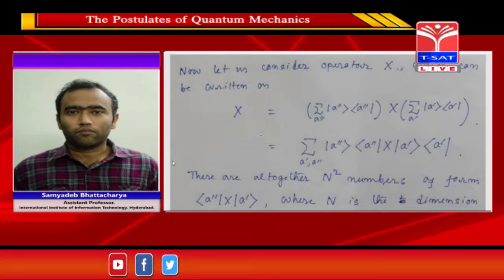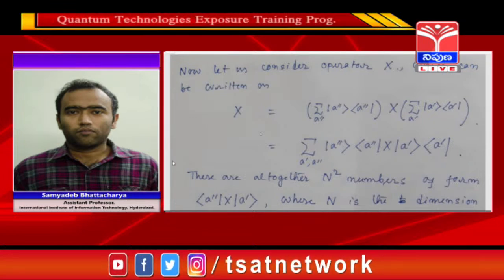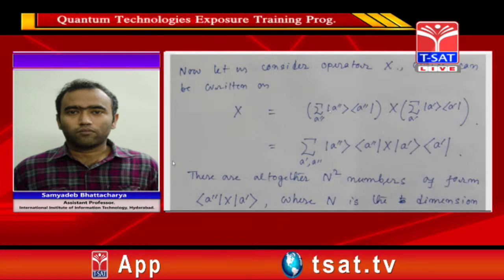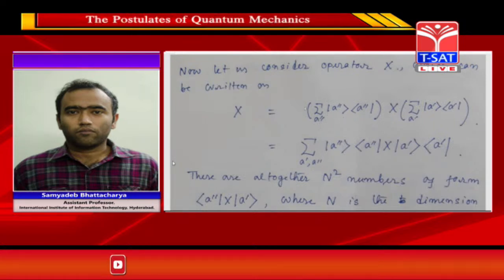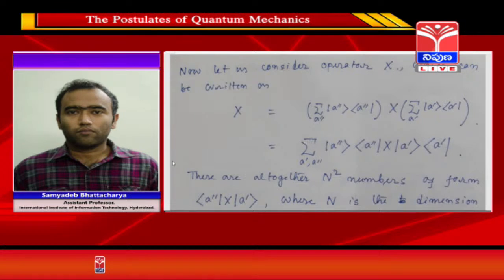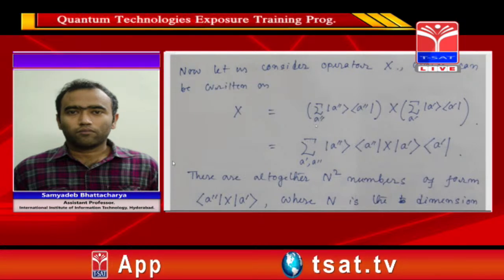Now both of these identities, by using the completeness relation, can be expanded like this. On the left hand side, sum over A double prime, A double prime, A double prime, and on the right hand side, sum over A prime, A prime, A prime. Now they are the same basis vectors, but why are we writing A prime and A double prime?